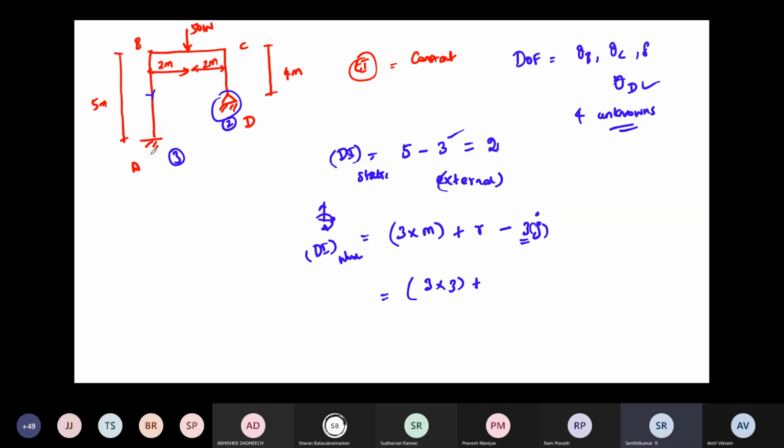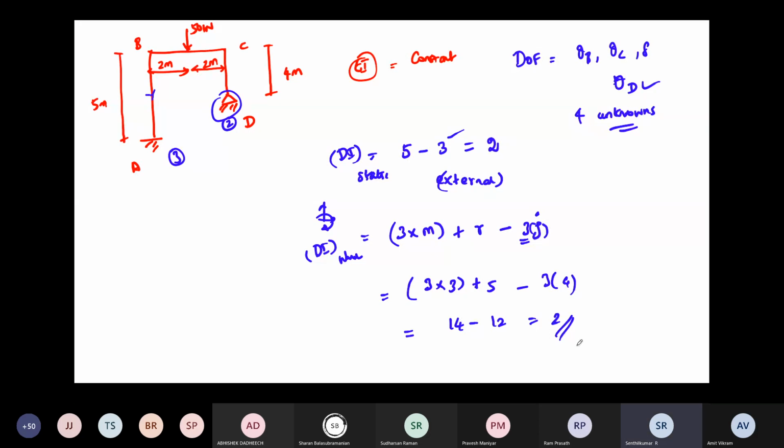Plus how many reactions are there? 3 plus 2, 5. Minus how many joints are there? 1, 2, 3, 4, so 12. So 9 plus 5, 14, minus 12 is equal to 2. So we don't have any internal indeterminacy. Only external indeterminacy is there for this particular frame.